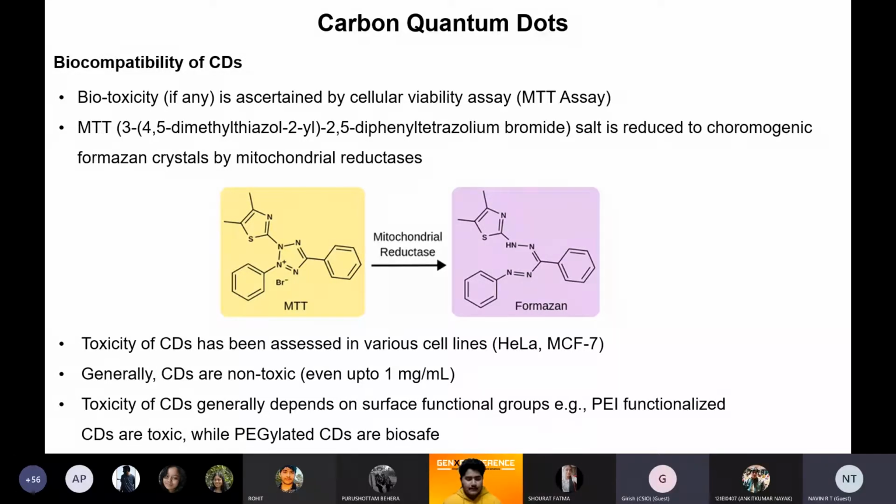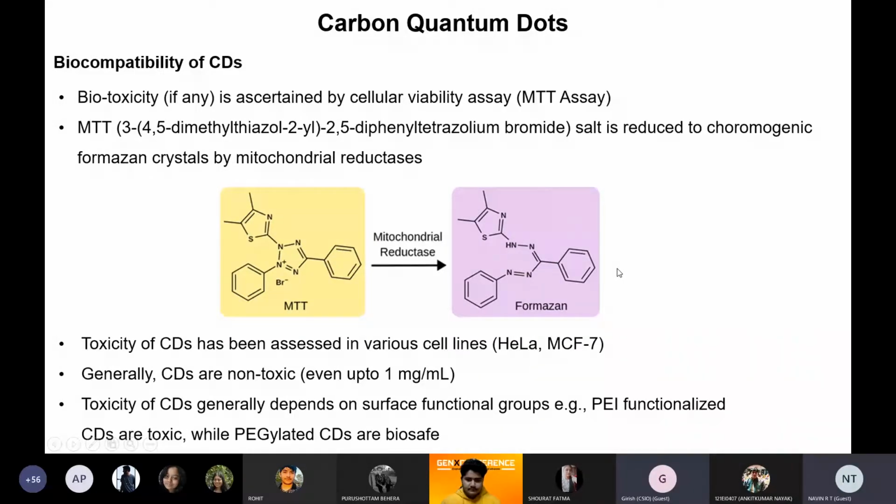The first line of toxicity study is done using the MTT assay, where this MTT compound is basically reduced into purple color formazan crystals by mitochondrial reductase. So if toxicity is produced, the cells' reductases will not be able to convert this MTT into formazan, and therefore it gives us a sense of whether cells are viable or not.